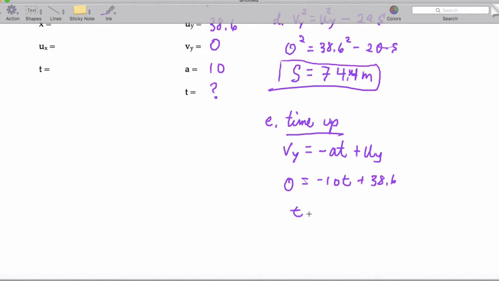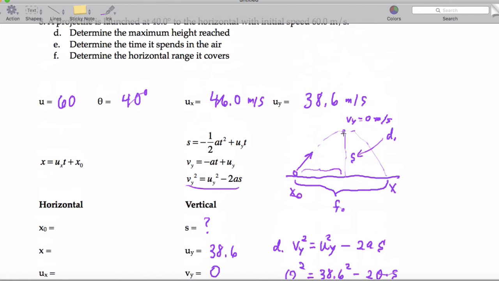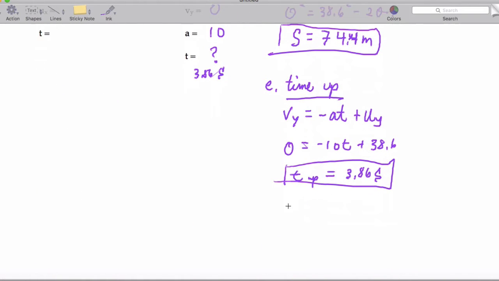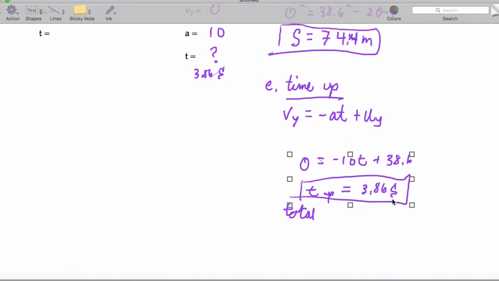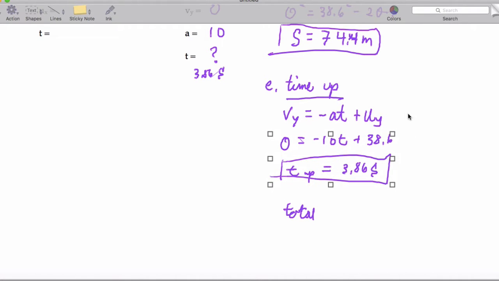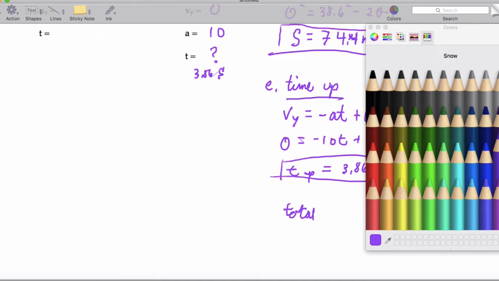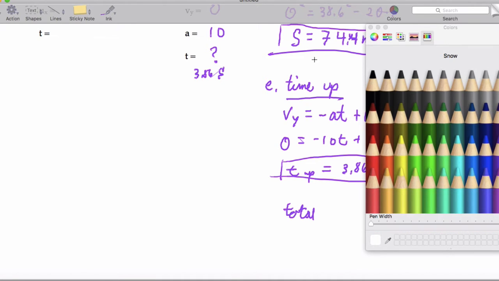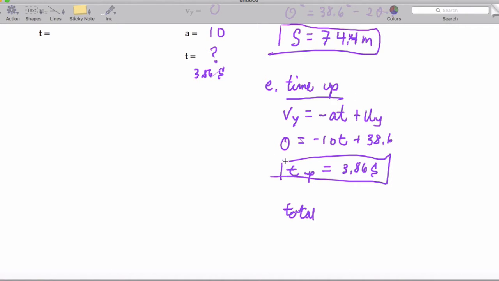And when we solve, we get that the time up is 3.86 seconds. But to get the total time, the time up and the time down, we're going to double it. So the total, and you know what, I don't want to put a box around that, so I'm going to get rid of that box, because we're going to get the total time in a second. So let's not put a box around that part.